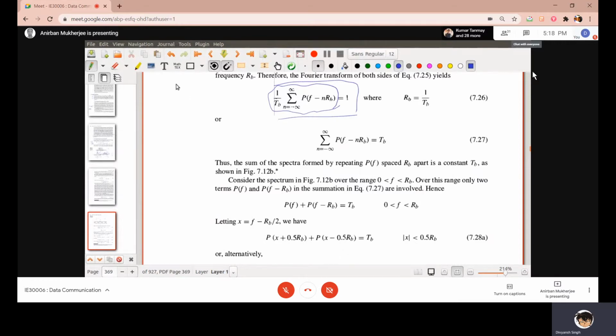Say you have a continuous time signal, this is x(t).